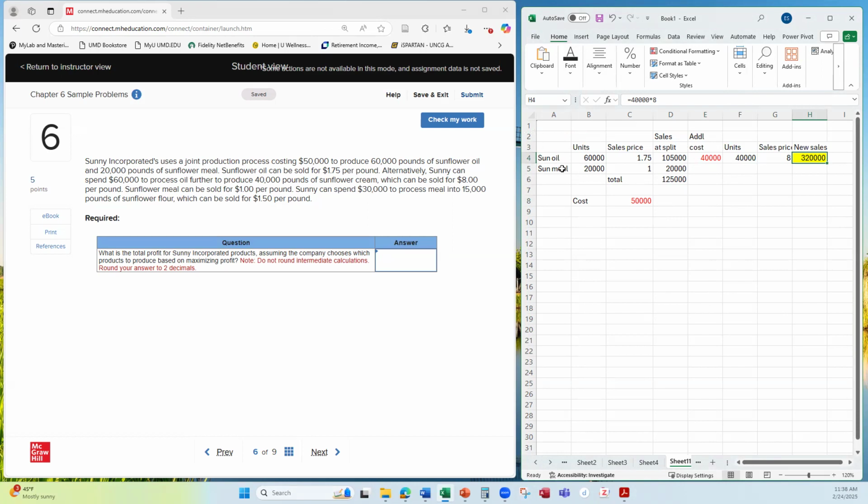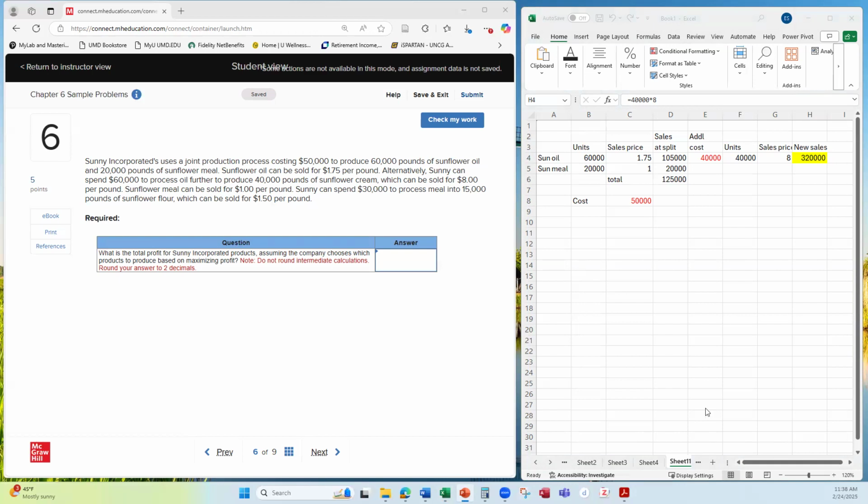The net realizable value method is another method that you can use to determine whether you should keep things as they are or process them further. And so our new net realizable value is what would be the profit if we were to process this out as far as we possibly can.